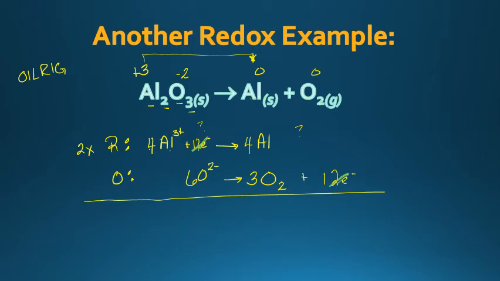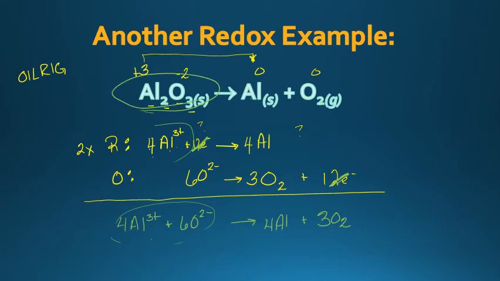So let's bring our 4 aluminum ions down and our 6 oxygen ions down, which gave us 4 aluminums plus 3 oxygens. Our last step then is to combine these so that they look like this. Well, we already know the formula. See, the formula is already given to us.